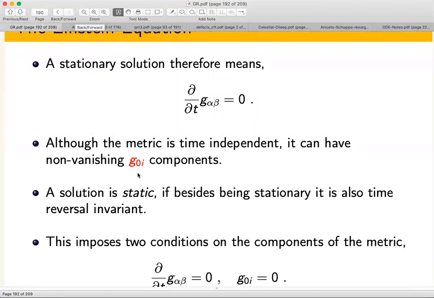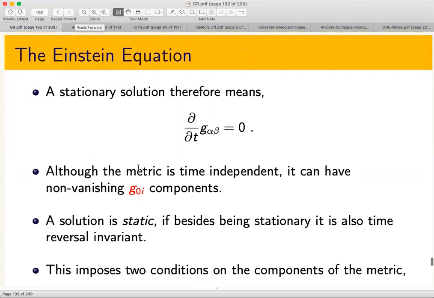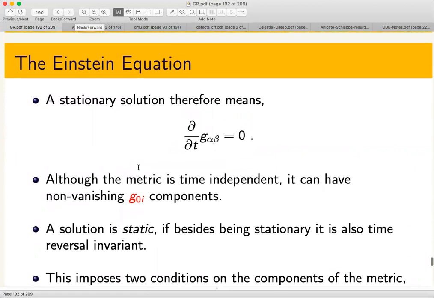So when we talk about Einstein equation, its solutions are the metric, right? So what makes us say a priori that the metric would be time independent, explicitly time independent?